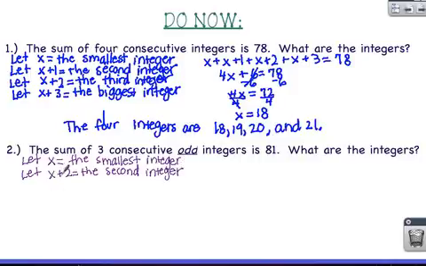And then again, I need to skip over the even number and get to our next odd number. So I have to add 2 more to this. So we get that let x plus 4 equal the third integer.